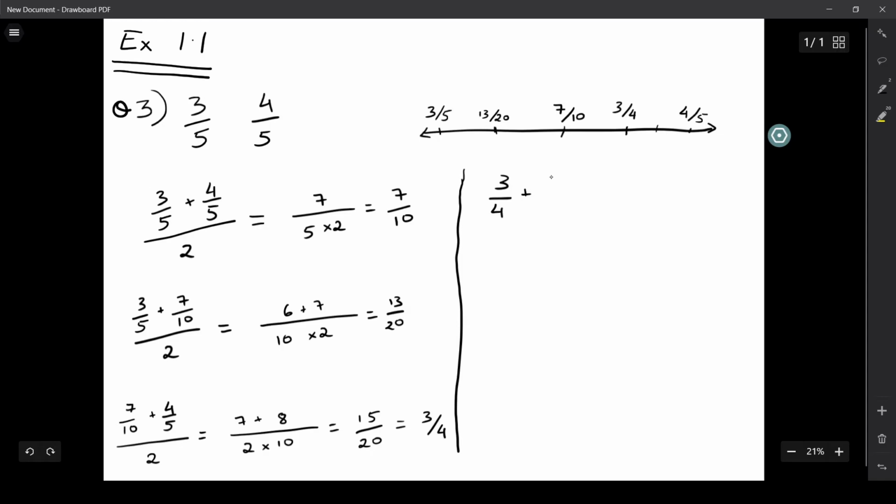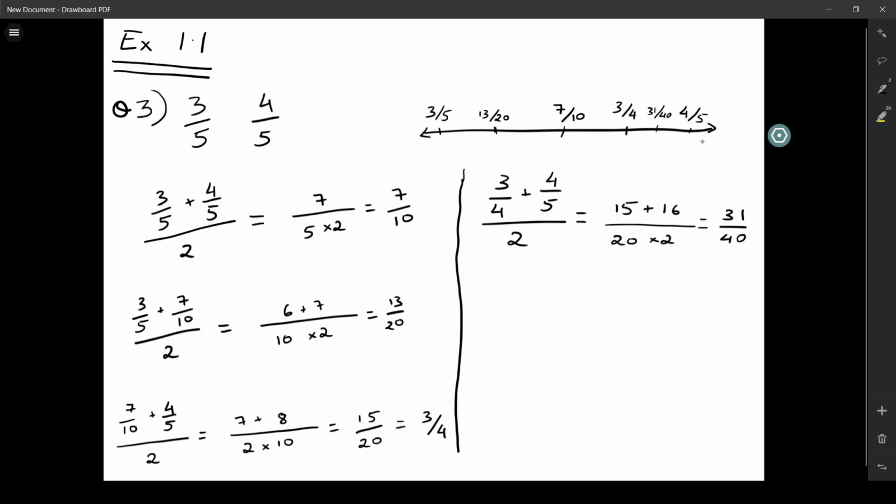Do the exact same thing. 3 by 4 plus 4 by 5 divided by 2 gives us the number 31 by 40. Another number between 3 by 5 and 4 by 5, where P and Q are integers and Q is not equal to 0.